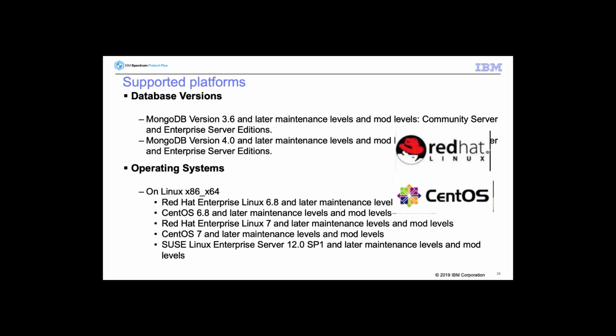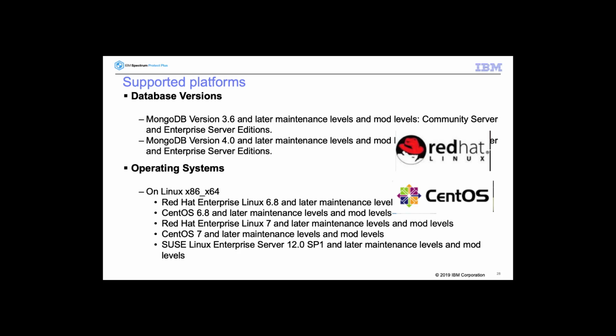Now, from a supported platforms perspective, we're going to support MongoDB on version 3.6 and later, and 4.0 and later. And the operating systems that we are going to support MongoDB running on as of today are Linux x86 64-bit. Now, MongoDB does run on other platforms.